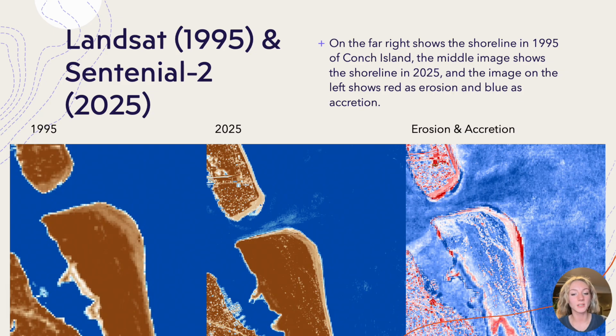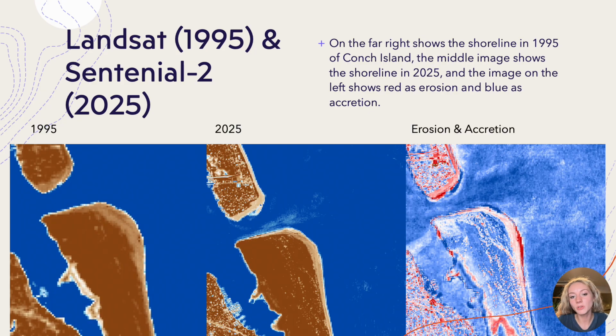Now, this next step is completed in Google Earth Engine, and we're asking the question, where is erosion occurring if there is a shoreline change? In 1995, we can see our basic or original shoreline. In 2025, we can see that it has, in fact, decreased, but also changed in a few areas.